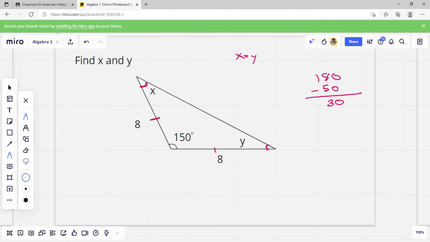And then we have to cut that in half, because 30 is for this angle and this angle, and they have to be even. So if we made this one 15 and this one 15, then 15 and 15 is 30. 30 and 150 is 180. So x equals 15 and y equals 15. I think in the example in your book, the numbers were a little different.